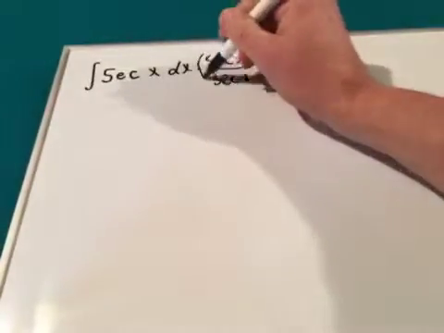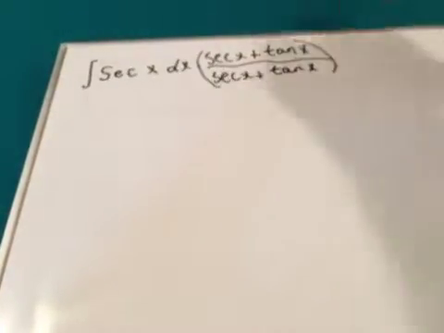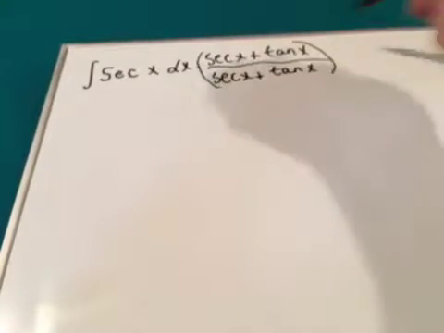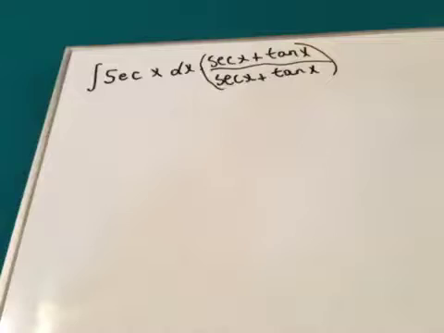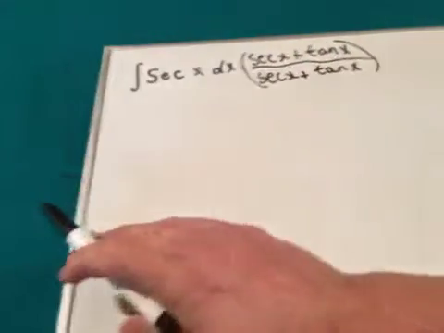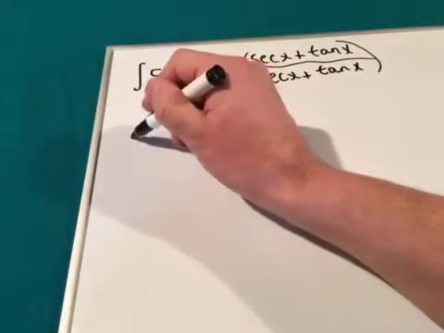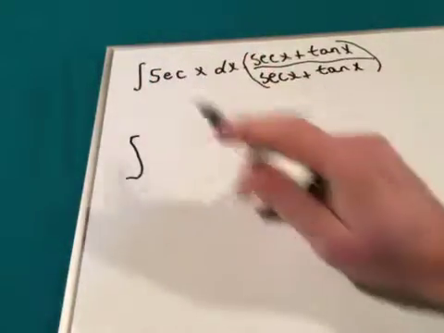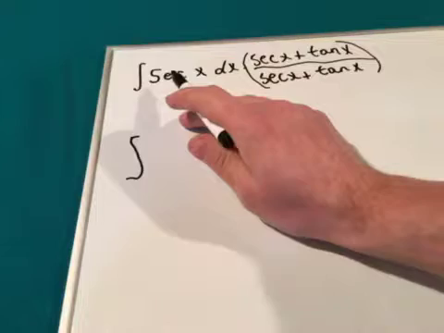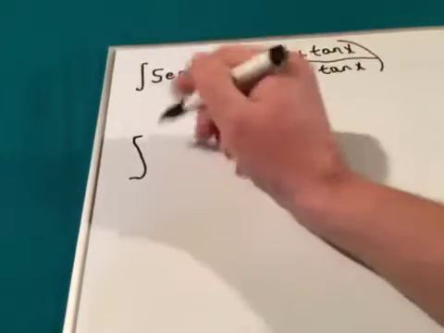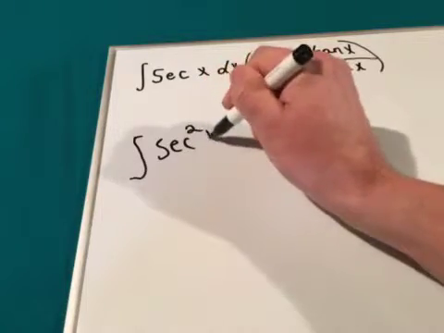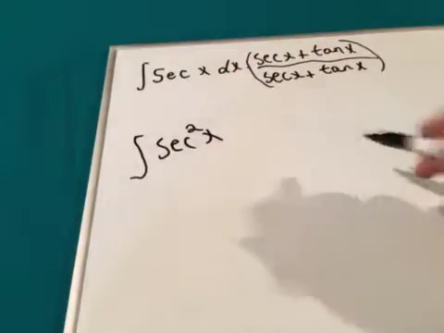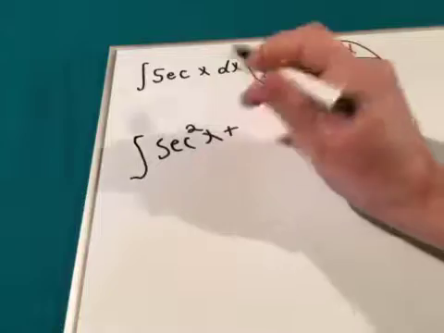So we're multiplying here by 1, right? I mean, this is something over itself. That's going to be 1. Okay, but why would I want to do this? Well, let's see. So what do we get here? We get the integral of, well, we distribute the secant. So secant times secant would be secant squared x, plus what?